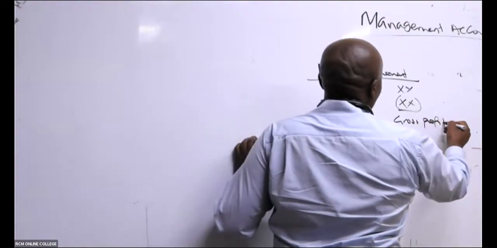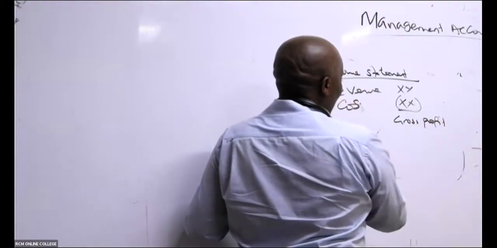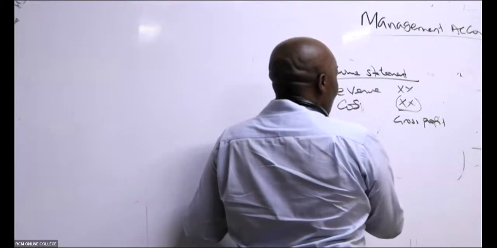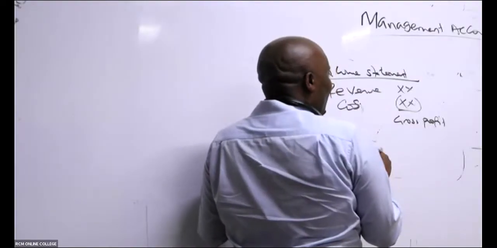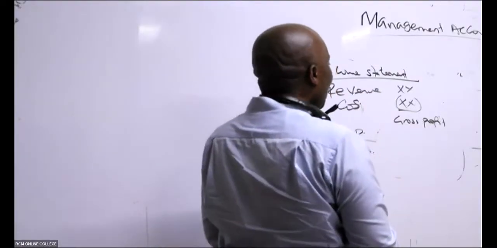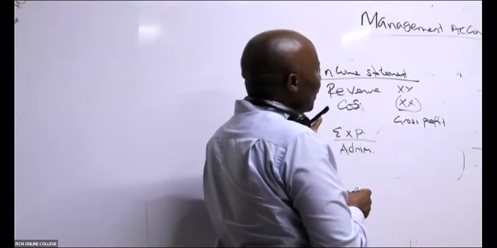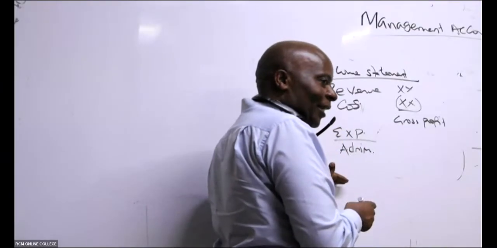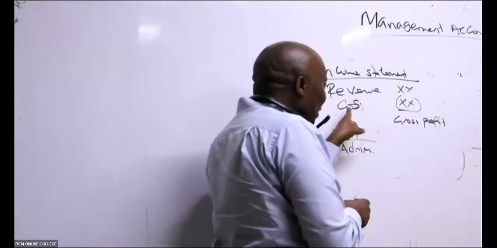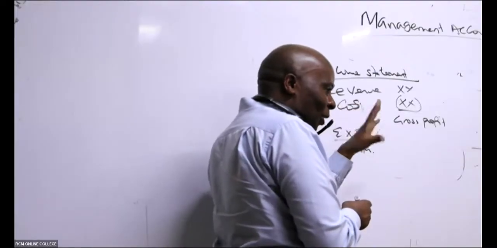Gross profit. And then now we come to expenses. These expenses are like administration, etc. Post-production, isn't it? So please listen, periodic costs normally come under what here? Expenses.